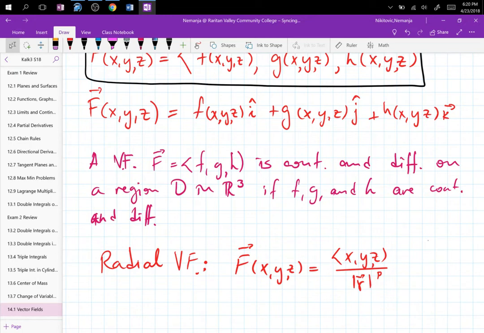Now, obviously, to draw vector fields in 3D is quite a challenge because you are trying to draw a three-dimensional representation right on a 2D surface. So yeah, not fun to do those.